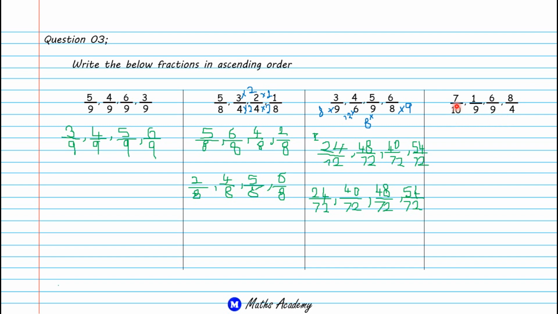For that we can multiply the first fraction by 18, the second fraction by 20, the third fraction by 20, and the fourth fraction by 45.